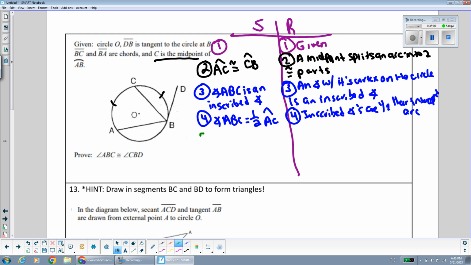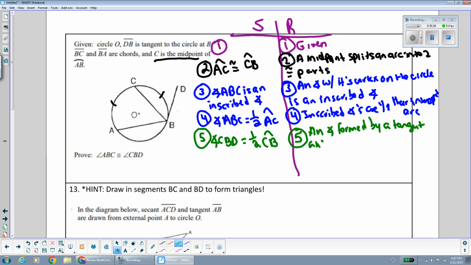And then I also know that angle CBD is half of arc CB. And the reason I know that is because an angle formed by a tangent and a chord is half its intercepted arc.